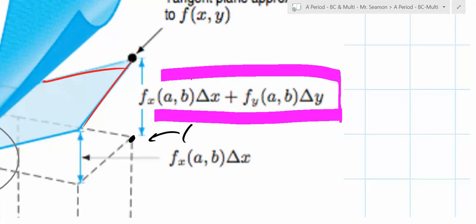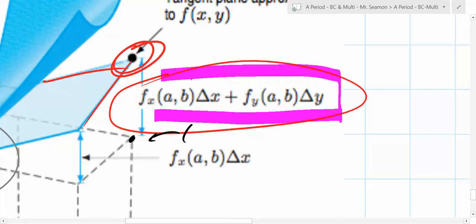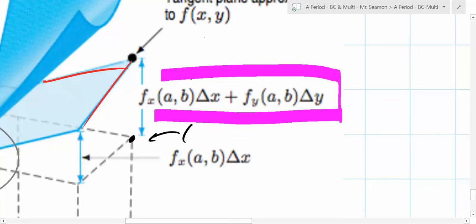So if you have your initial z value and you know this value right here that I've circled, you can find this estimate. But what are the elements of this little piece? You need the partial with respect to x at AB times delta x, and you need the partial with respect to y times delta y. You need all of those things. It's rather important. So let me pause for one second.